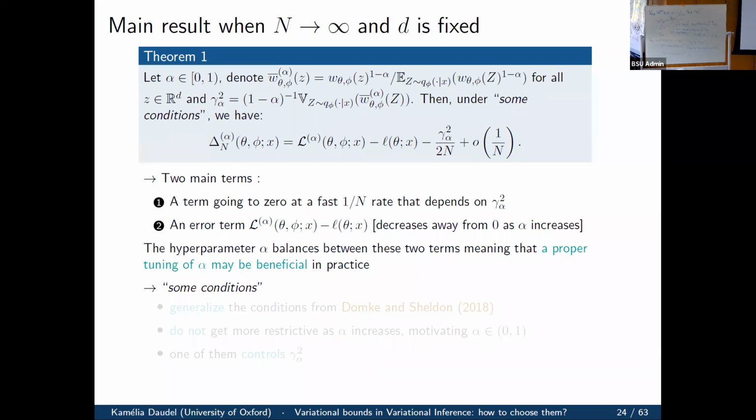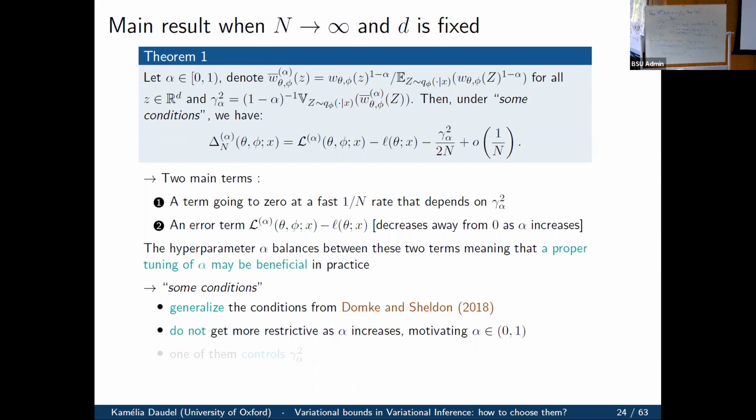And the second one is how they evolve as a function of alpha. Those conditions exactly generalize the conditions from the paper by Domke and Sheldon. So if you take alpha equals 0 in our conditions, the EY, then those are exactly the conditions in Domke and Sheldon, and they do not get more restrictive as alpha increases.